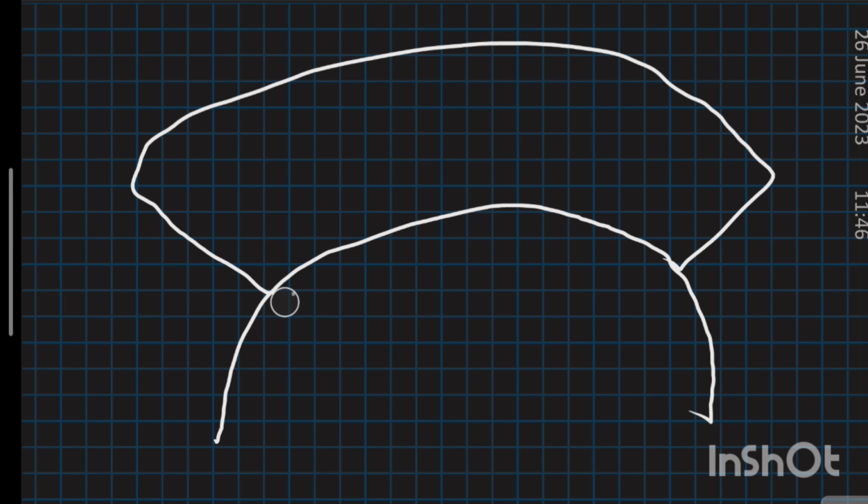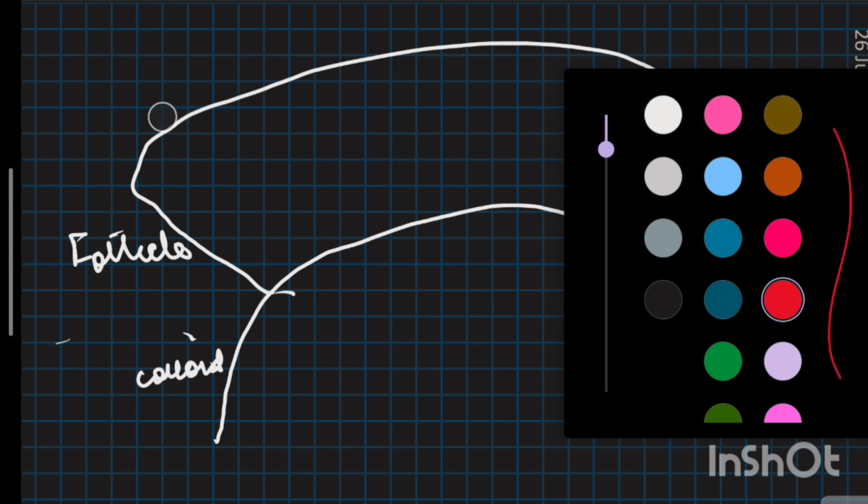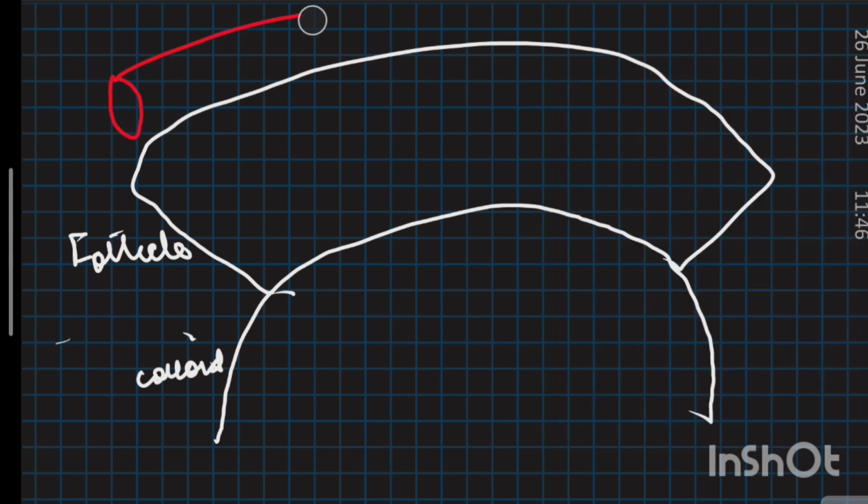Let's write, this is colloid and this is the follicle. We shall draw the blood circulation also. This is the blood circulation, blood vessels.